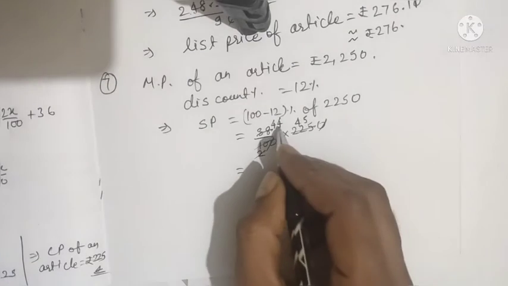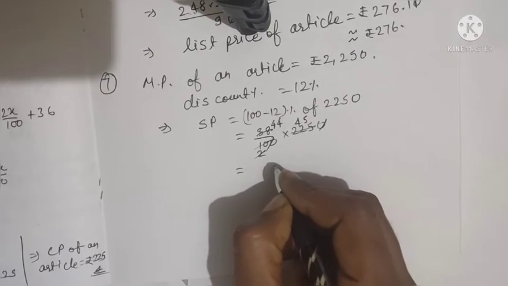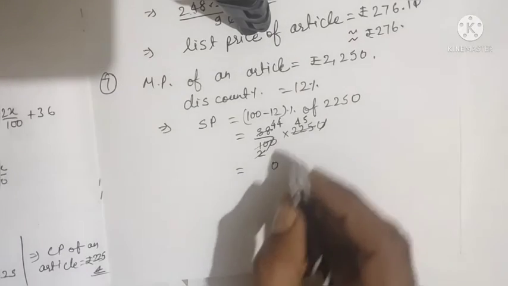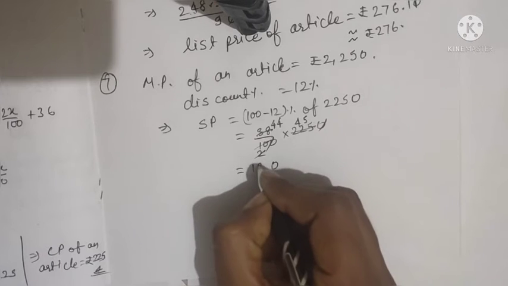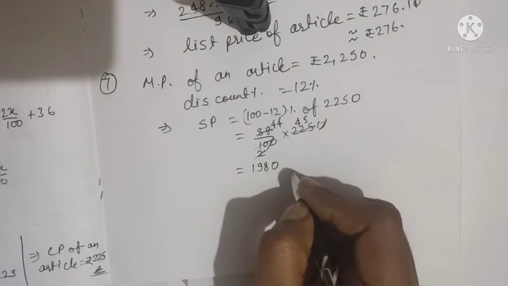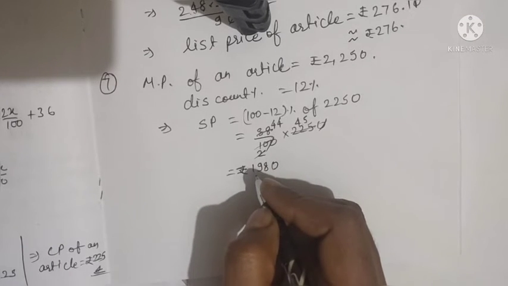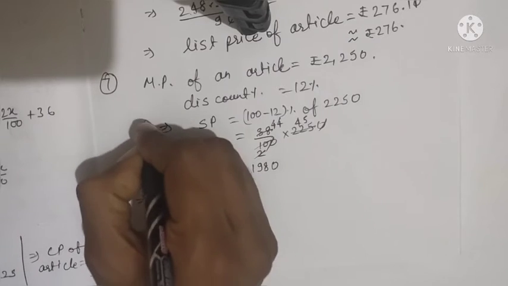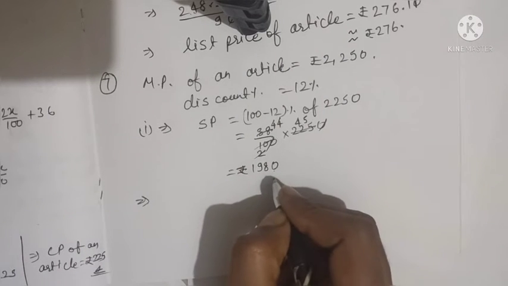Now 45 into 4 becomes 180, so it will be 0, 18 remains. 45 into 4 is 180, 180 plus 18 becomes 198. Simple. Now it is said that the dealer makes a profit of 10%. This is our first answer of the first part, that is selling price will be equal to 1980.